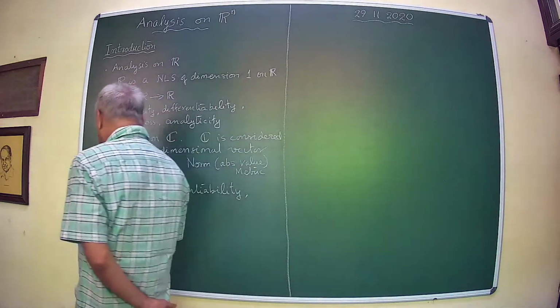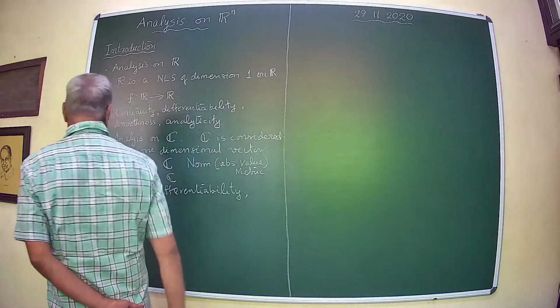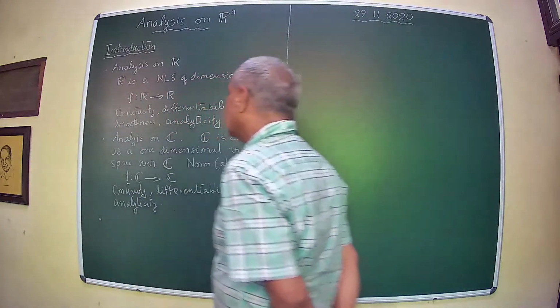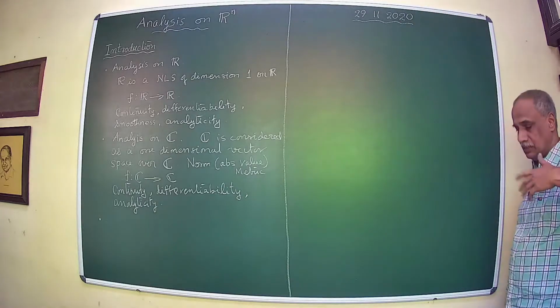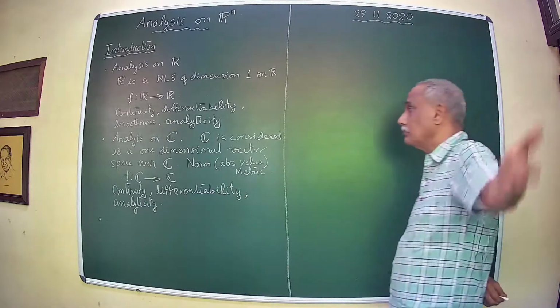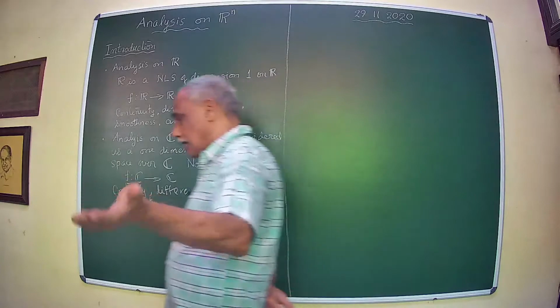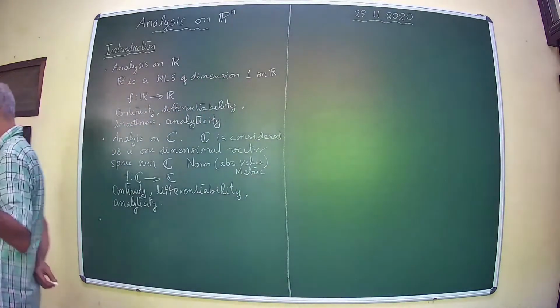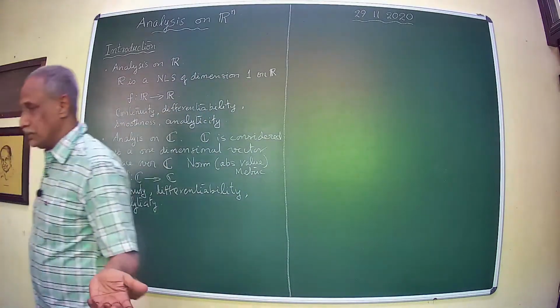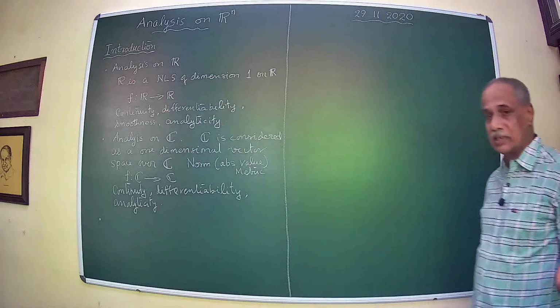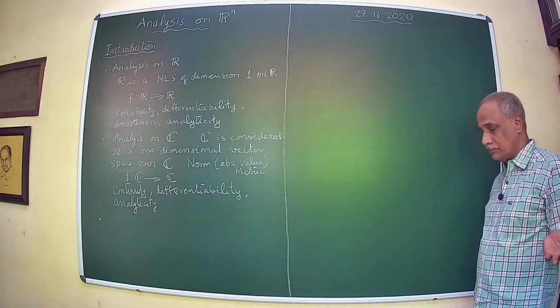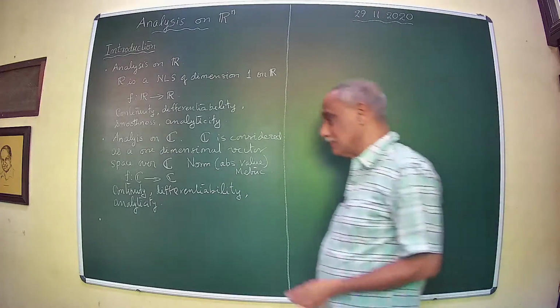Now, one of the things that we would naturally like to do is, of course, in linear algebra, you have R over R is a vector space of dimension 1. C over C is a vector space of dimension 1. Both are fields.